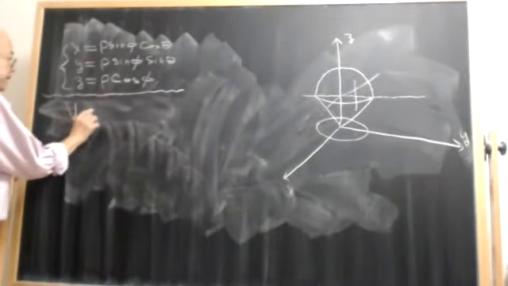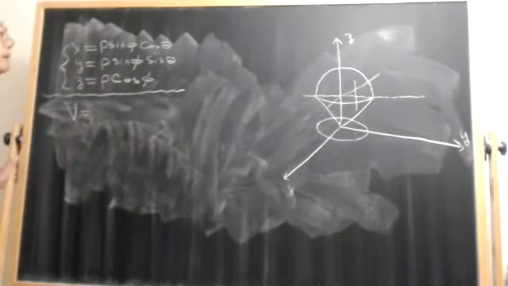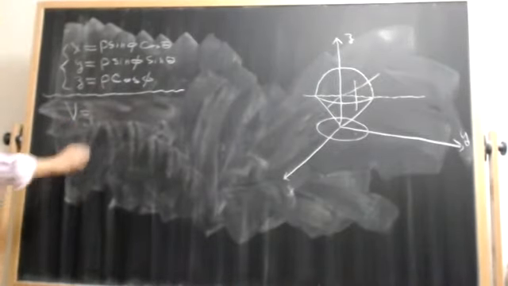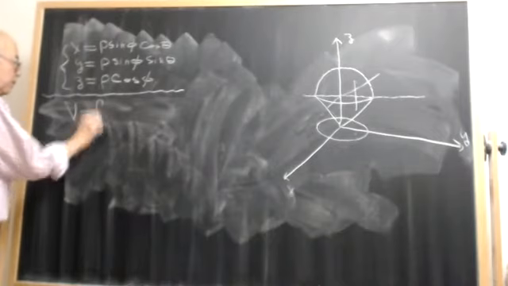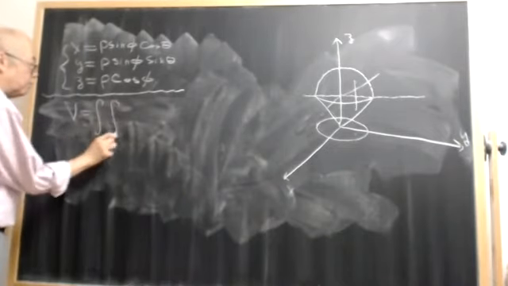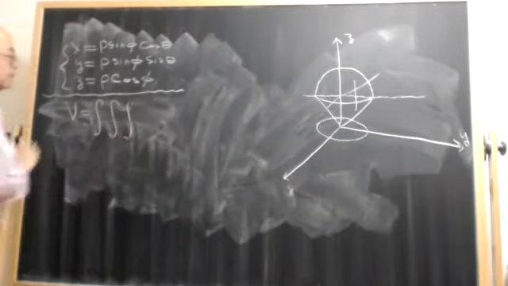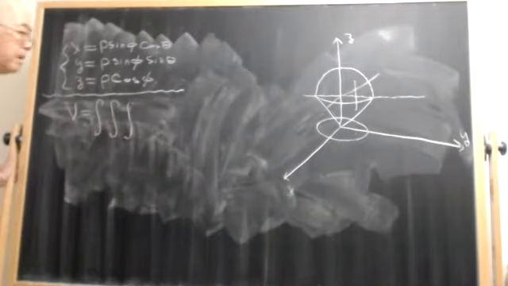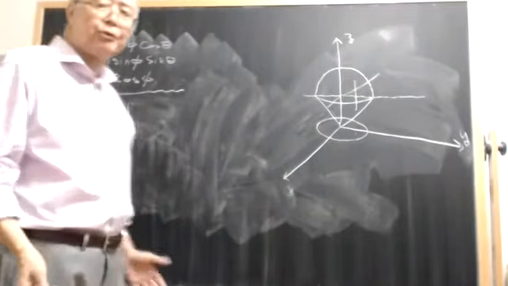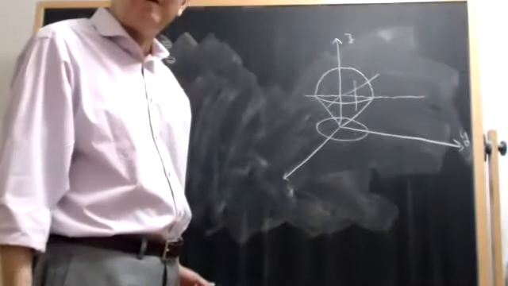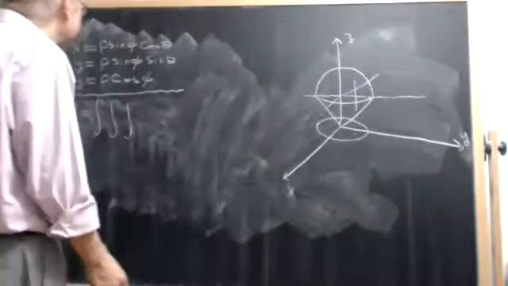So V is equal to a triple integral of 1 with respect to dV, and we all know what dV is.